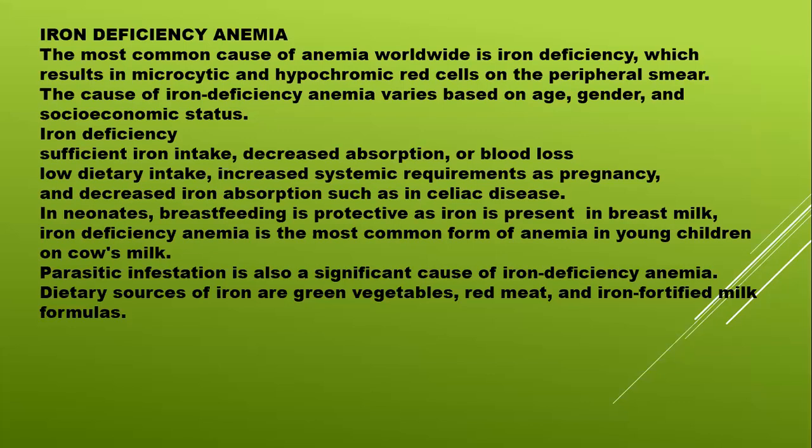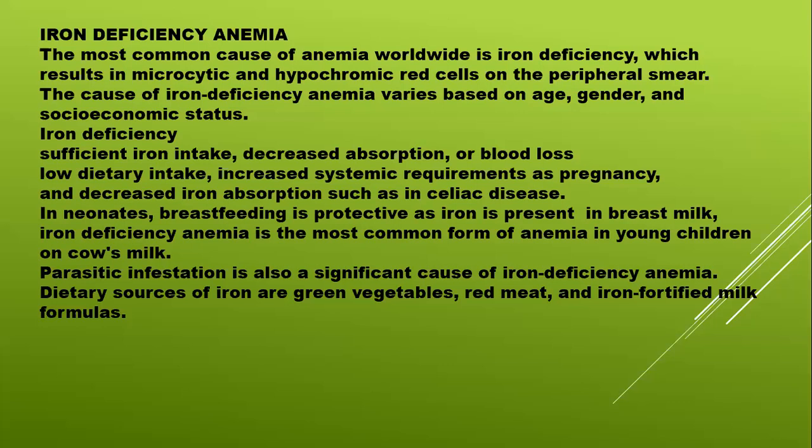Deficiency of iron is due to insufficient iron intake, decreased absorption, or blood loss. Low dietary intake, increased systemic requirement like pregnancy, adolescence, or growing age, and decreased absorption such as in celiac disease.